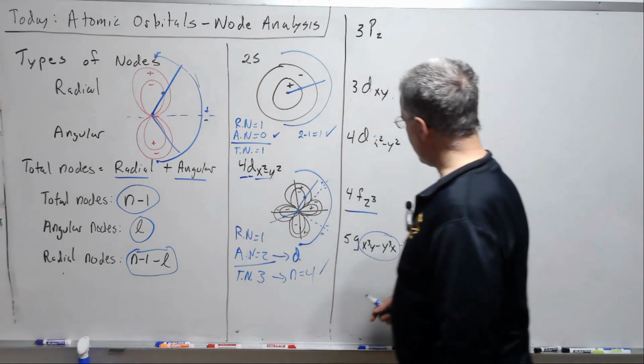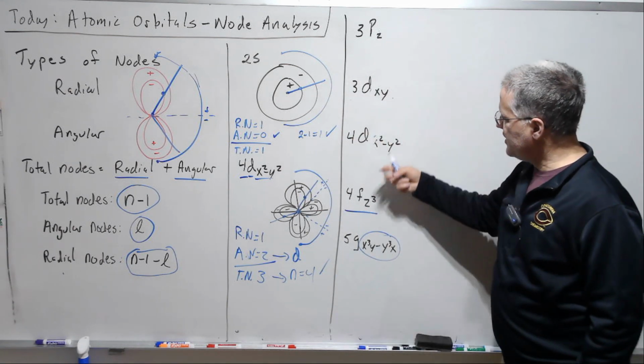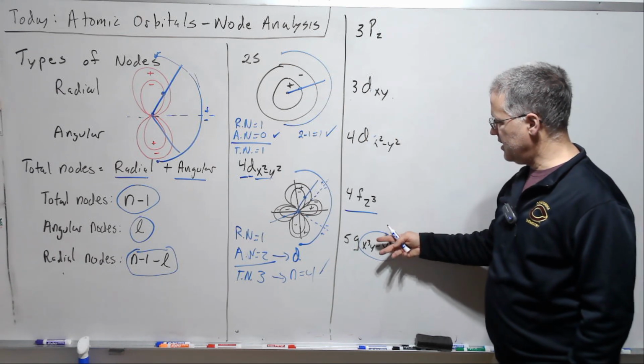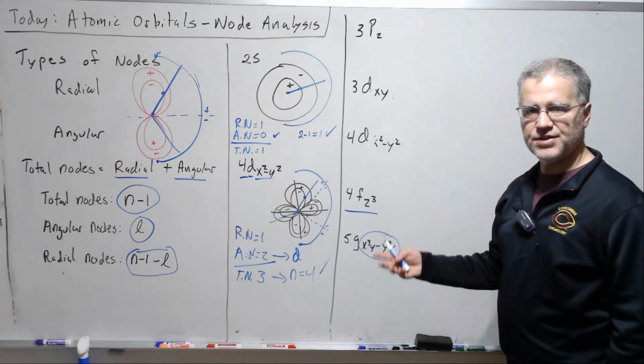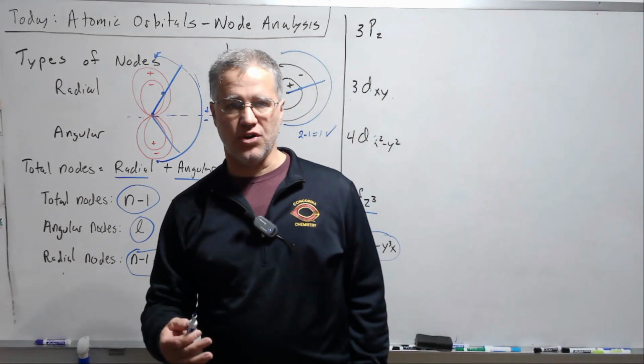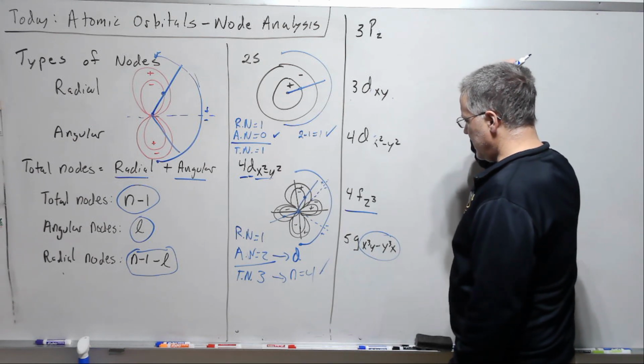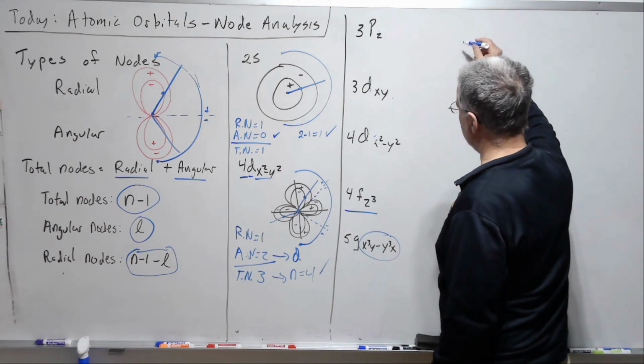That's coming from the z squared. As we go up, there's always going to be a z squared, a z cubed, z to the fourth, z to the fifth. These are all coming from the m equals 0 value for a given L. And let's just see how that pattern goes.